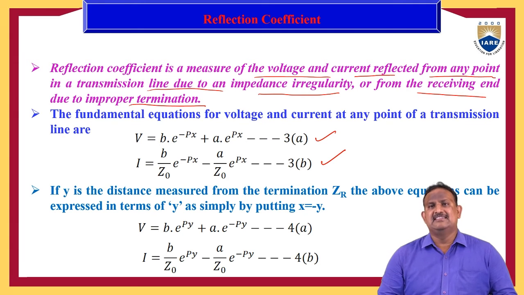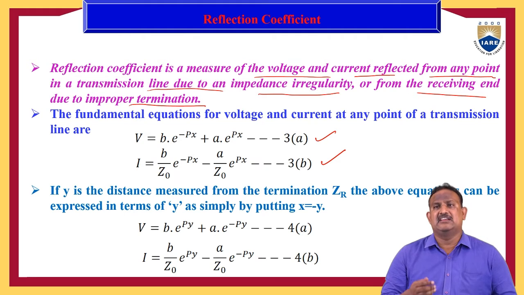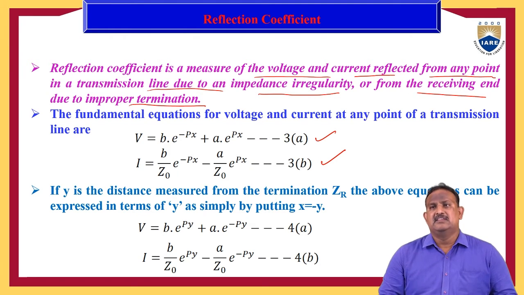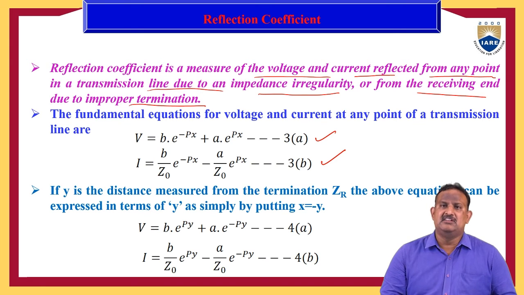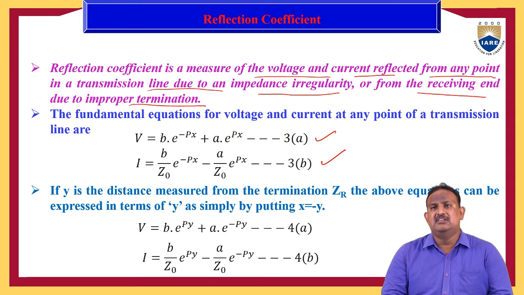If Y is the distance measured from the termination ZR, the above equations can be expressed in terms of Y by simply replacing x with minus Y.